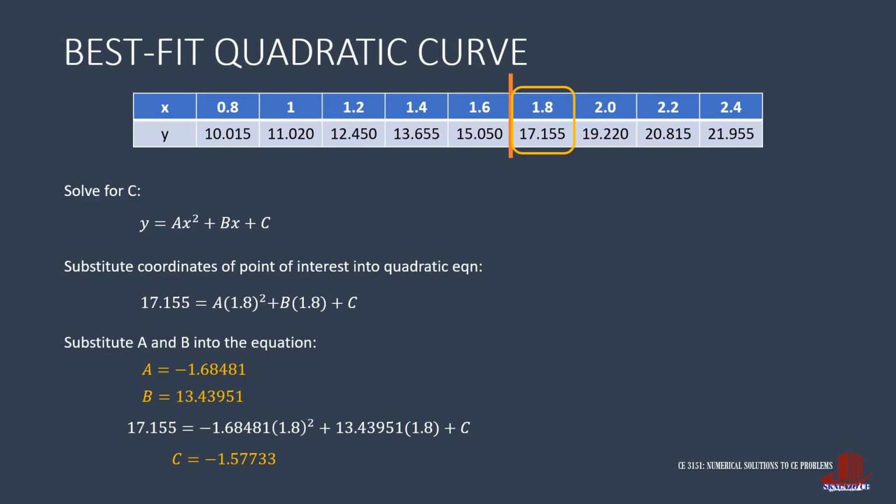With a, b, and c already found, the best fit quadratic curve is then revealed as negative 1.68481x squared plus 13.43951x minus 1.57733.